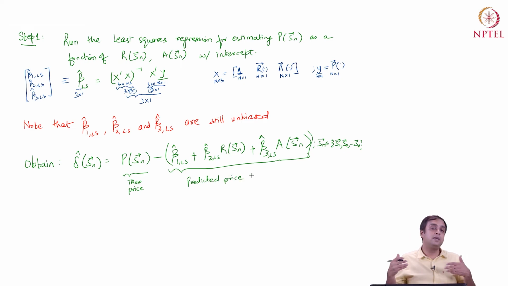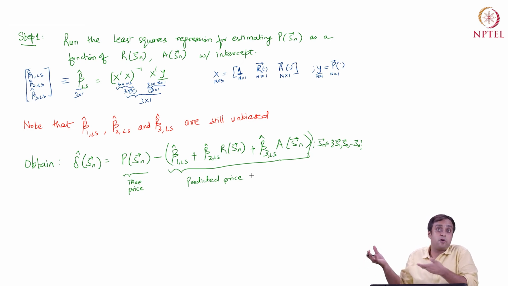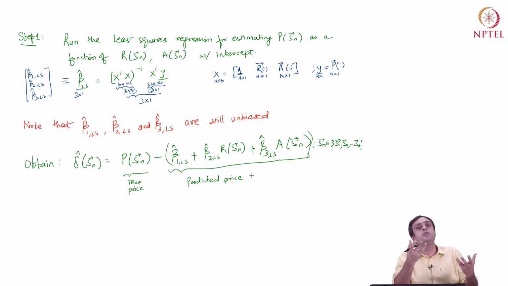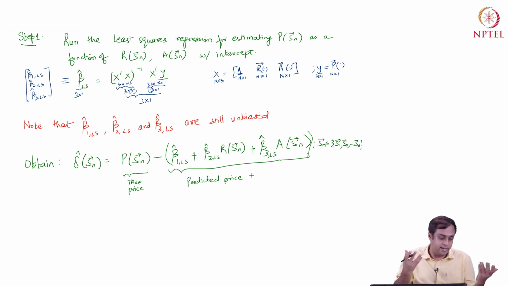Because beta hats are good guesses, the predicted price is a good guess because it's just a linear function, right? So if I deduct this predicted price from the actual price, I get a very good guess of delta, which is delta hat(s_i).